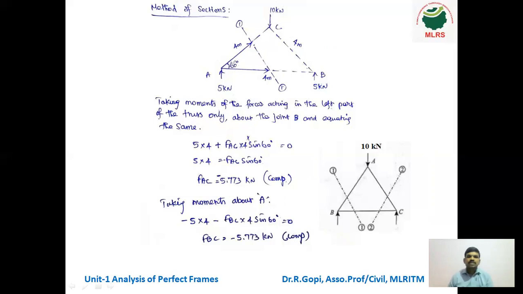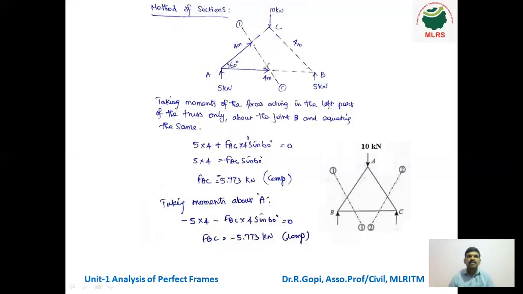The simple thing you must understand is: which member do we want to know the force in? Just see the opposite joint of that member. For example, suppose I want to know the force in member AB.